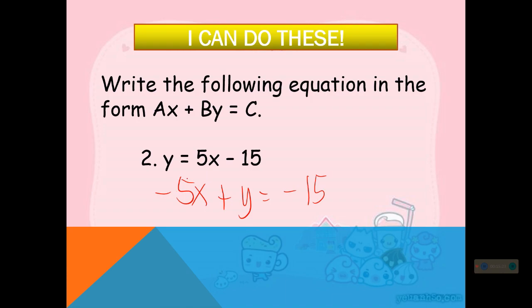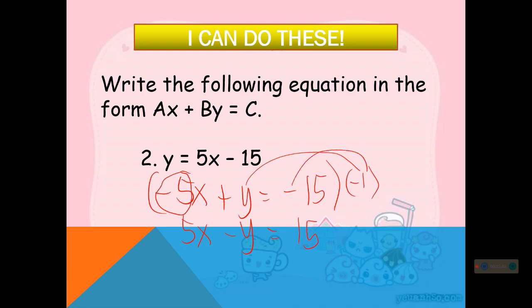But, since the coefficient of x is negative 5, we can make this positive. Okay, so by multiplying the equation by negative 1, you will have here 5x minus y equals, and then you will have here positive 15.